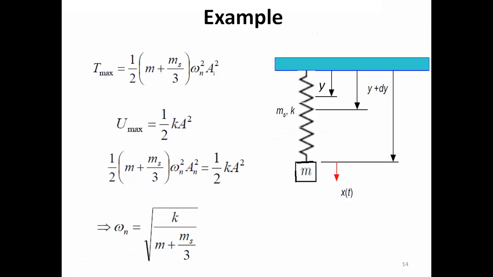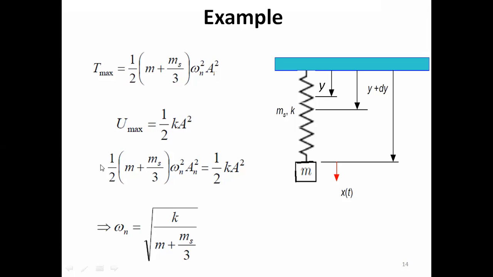So now we have the equation for the maximum kinetic energy and the equation for the maximum potential energy. We have to equate these two using Rayleigh's method. So this 1 by 2 would cancel with this 1 by 2, a square would cancel with a square, and at the end we would have m plus ms by 3 times omega n square is equal to k.